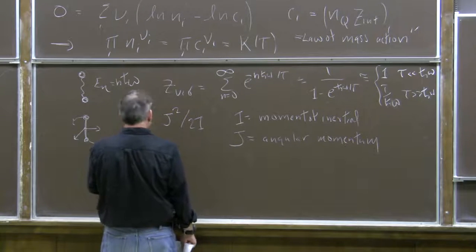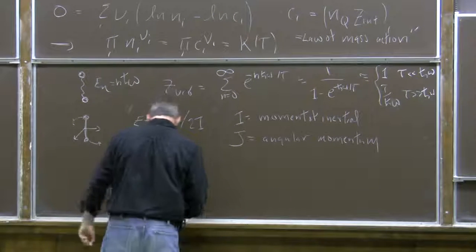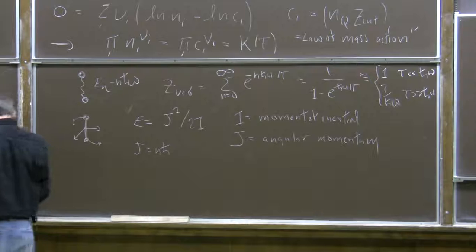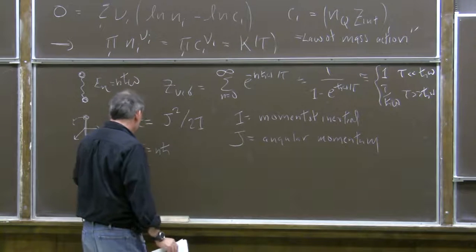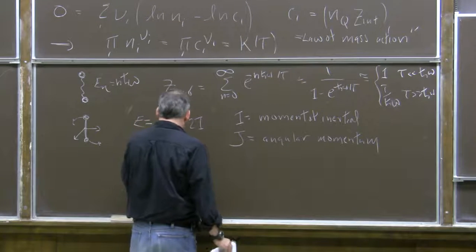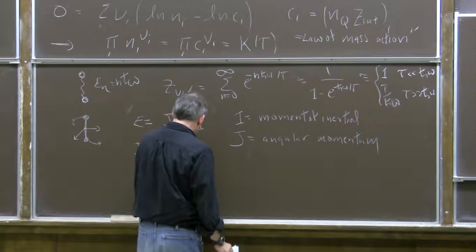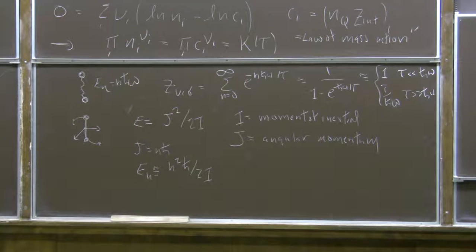And so J squared over 2I would go like n squared h bar squared over 2I. And then for each of the rotational degrees of freedom, we would sum that over n with the Boltzmann factor.